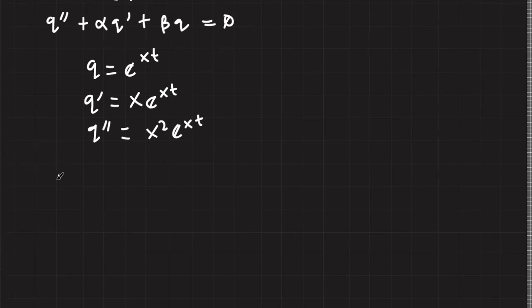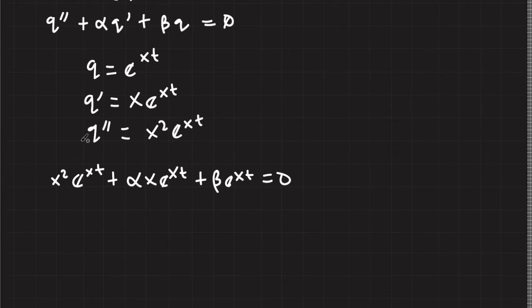So I have x squared e raised to xt plus alpha x e raised to xt plus beta e raised to xt equals 0. I'll factor out the common terms here. I'll end up with x squared plus alpha x plus beta, multiplied by e raised to xt, equals 0.